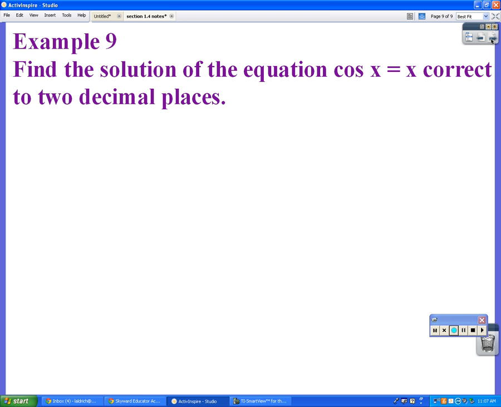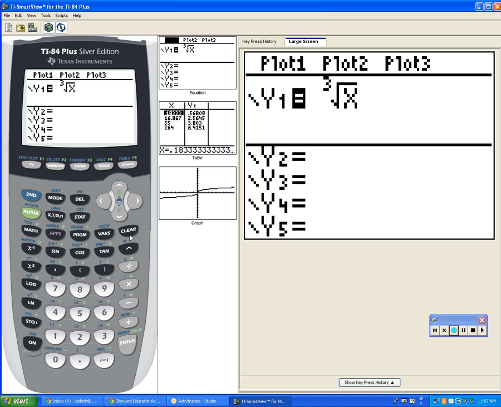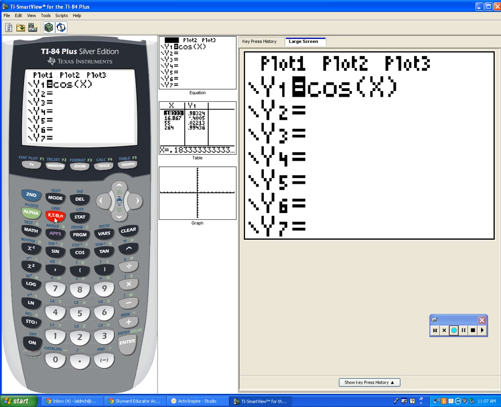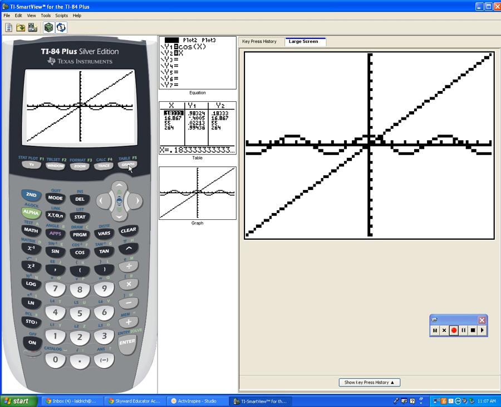But if it says correct to 2 decimal places, that means we can estimate, so we're good to go. We're going to graph the cosine of x, and graph x, and then find where those 2 graphs intersect.